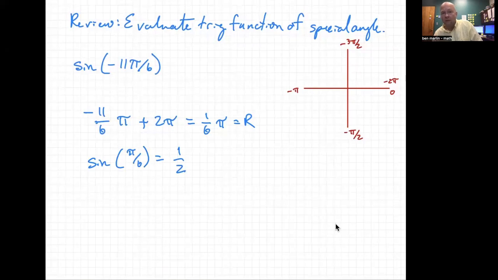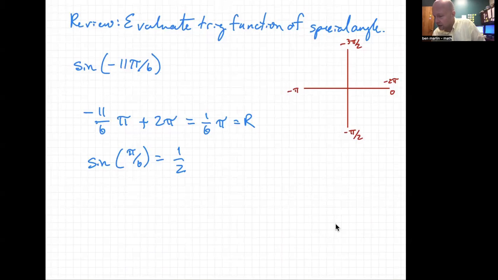Next, we have to think about, in order to do the sine of minus 11 pi over 6, what quadrant is minus 11 pi over 6 in, okay? And so think about the fraction part here. Think about the minus 11/6. We're going to have to go around in a clockwise direction because it's a negative number. 11/6 is between negative 1.5 and negative 2.